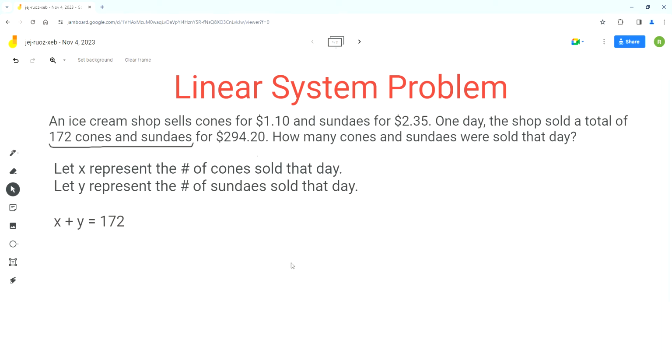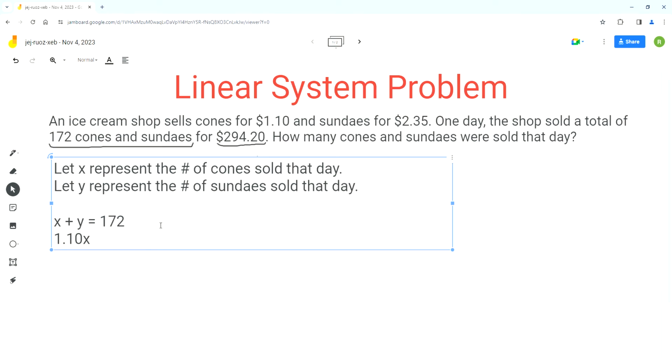Now the second equation will be based on the total amount of money earned by selling those cones and sundaes. So we know that one cone sells for $1.10. So our second equation will be 1.10 times x, because x is the number of cones sold. So 1.10x represents the total amount of money made from selling the cones that day.